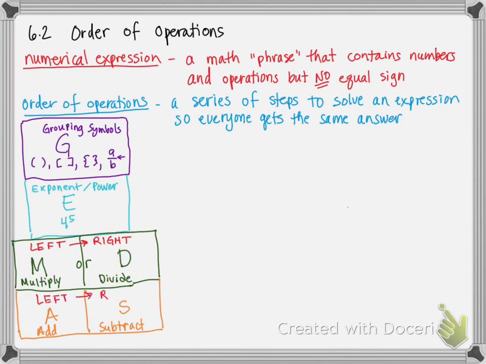To be honest with you, you basically are going to follow the order of the numbers. The first two, you're going to do the math, and then that answer, you're going to do with the third number, and so on and so forth. Okay? So going from left to right is always true for multiplication or division, and it's always true for adding and subtracting.